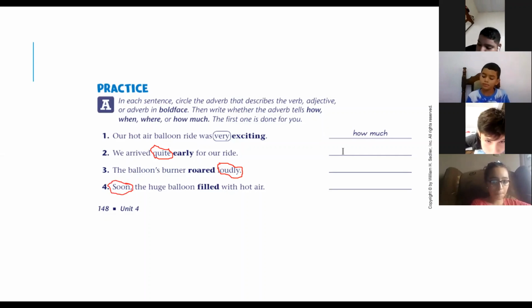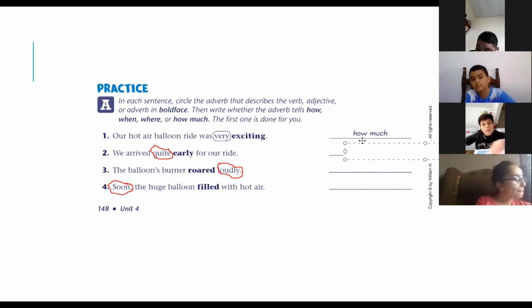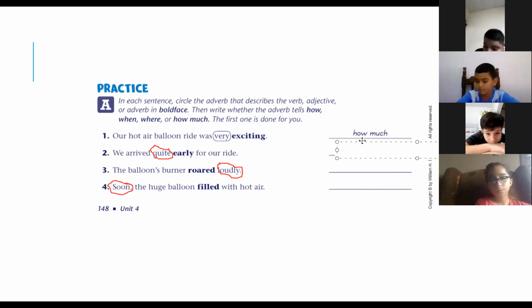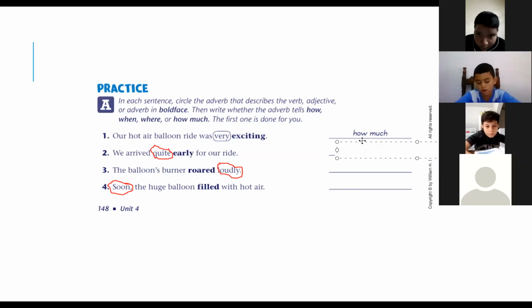For number 2, quite. Does quite tell how much, when, where, or how? Which one does it tell? How much. Okay.